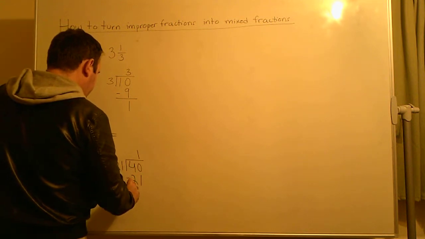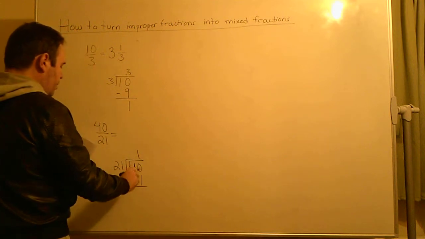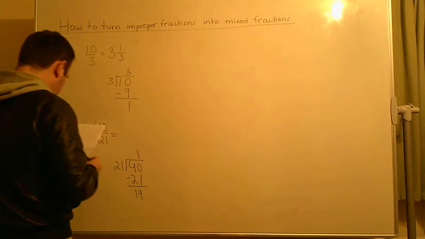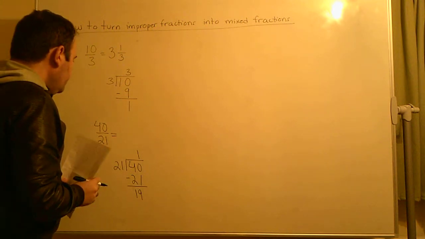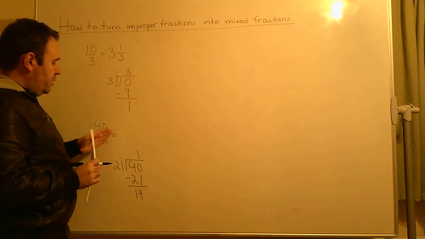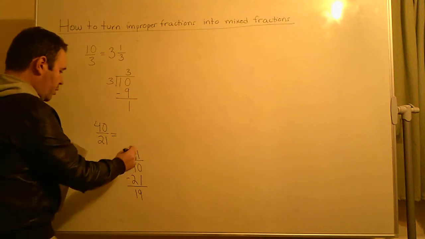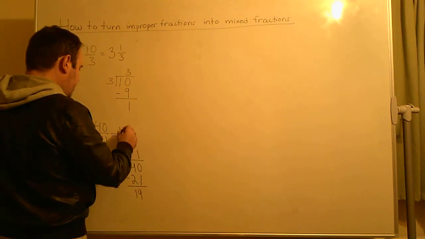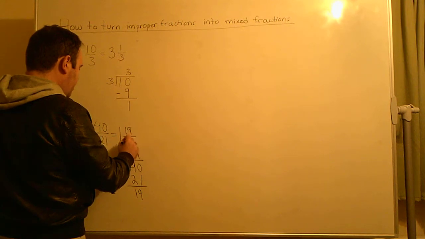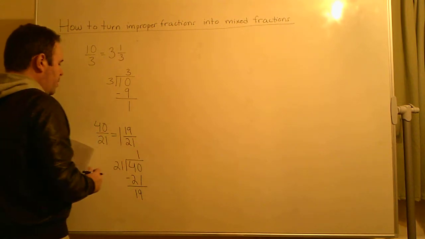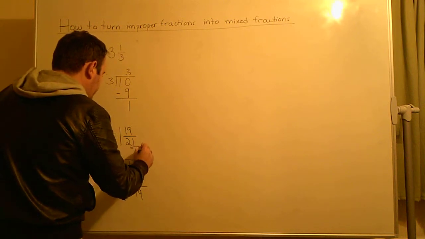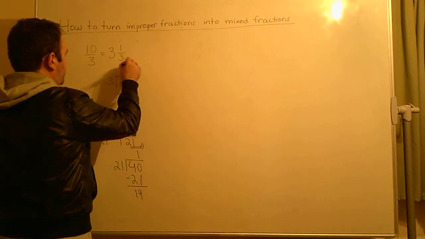Then we write down a minus sign, and then 40 minus 21 is equal to 19. So how do we write this down as a mixed fraction? Well, we take this 1 and we write it down here. We take the remainder, which is 19, and then divided by 21. This would be the result.